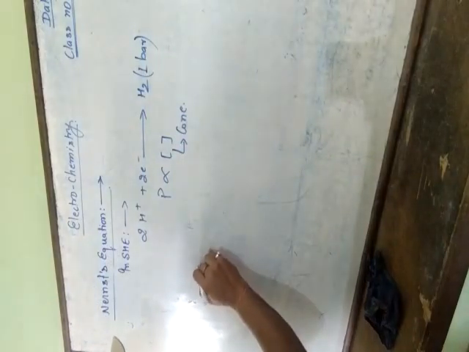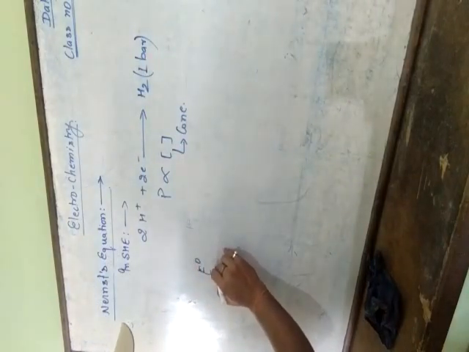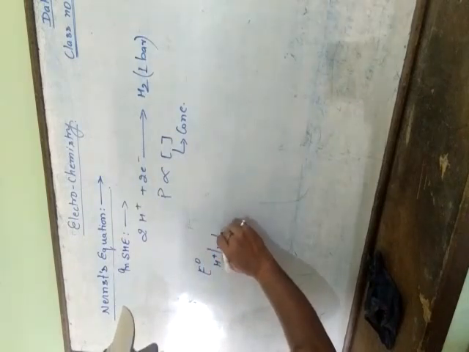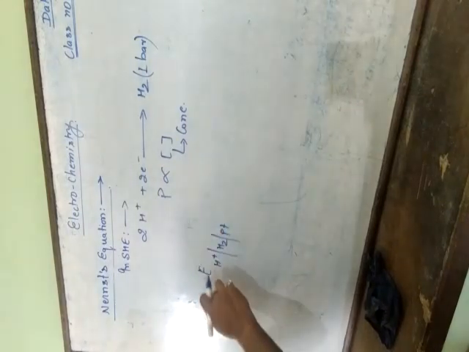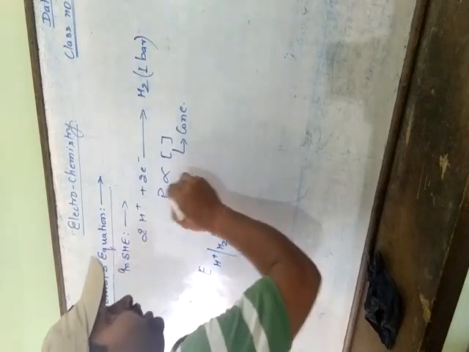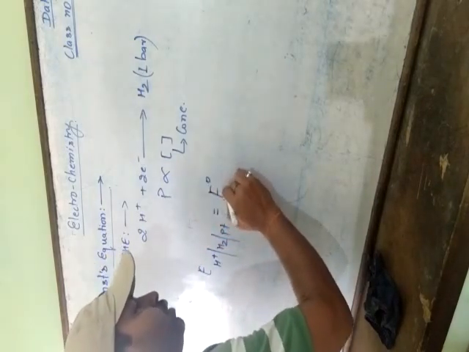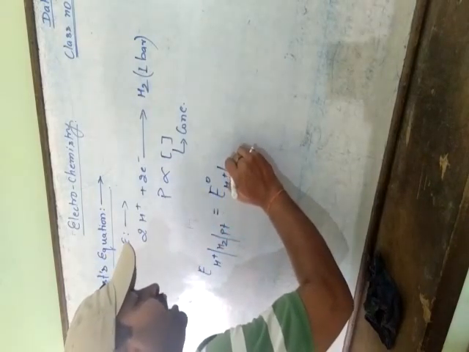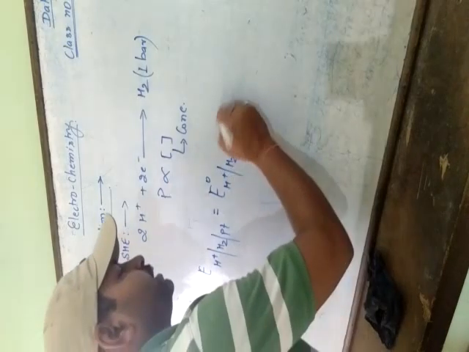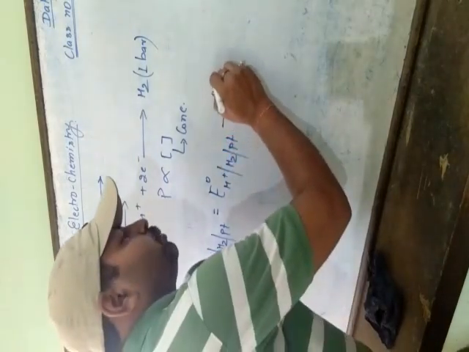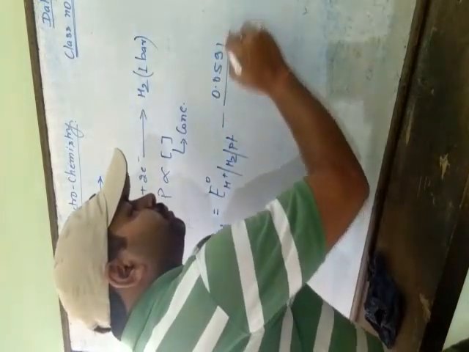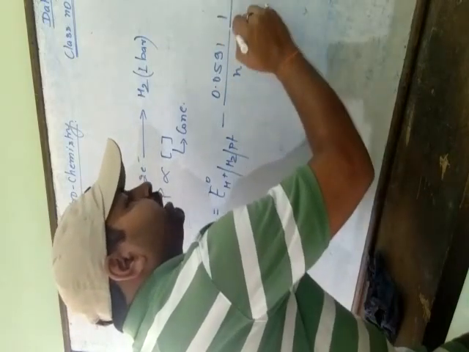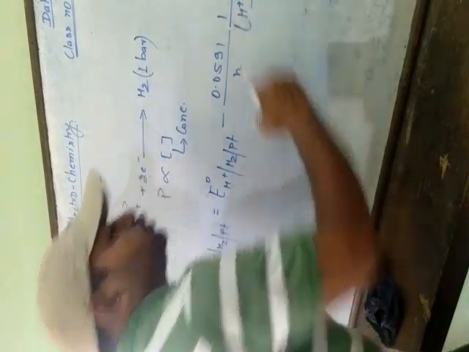So the Nernst equation is E of H+/H2/Pt equals E naught of H+/H2/Pt minus 0.0591 by n log 1 by H+.